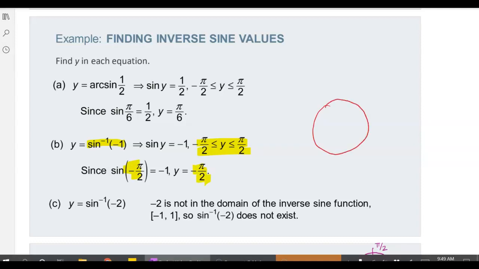So again, the sine is equal to -1 down here. If we were looking at that as a positive angle, it would be 3pi/2. But we're only allowed to consider values from -pi/2 up to pi/2 for our answers here. So we go with -pi/2.